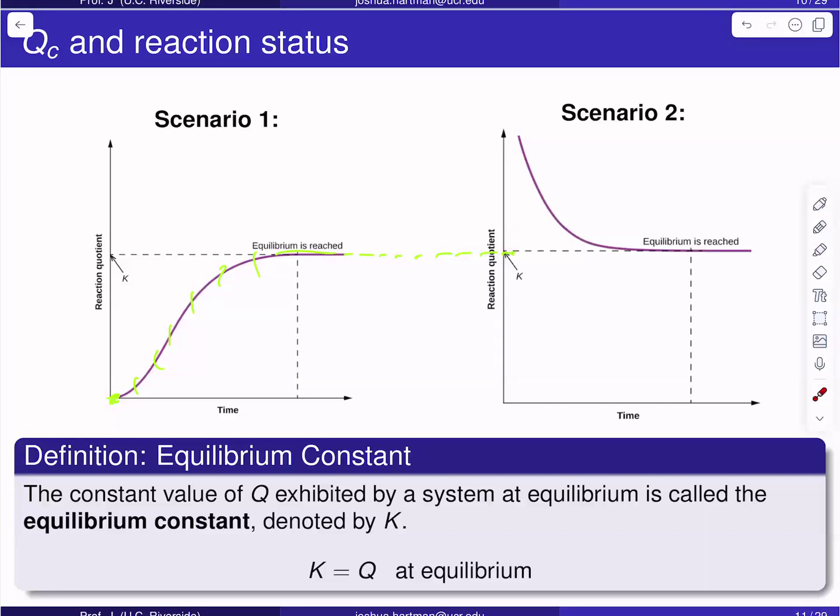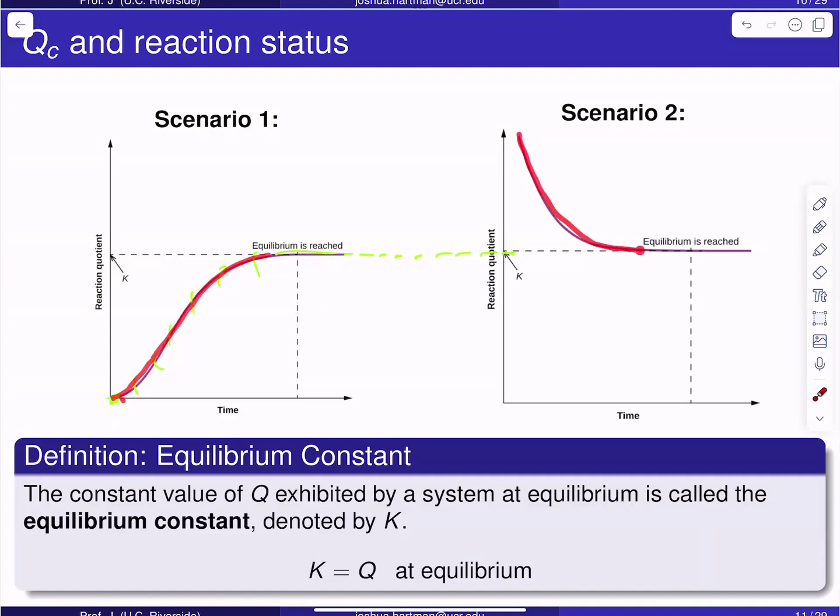So with those two scenarios in mind, summarized here, we're now ready to define our so-called equilibrium constant. The constant value Q that's exhibited by a system at equilibrium, right? That's this range right here. And again, it doesn't matter whether or not we started off with all reactants or all products.